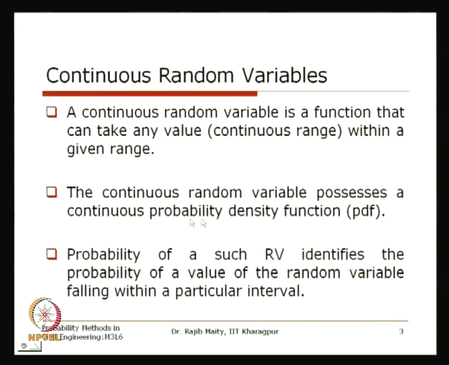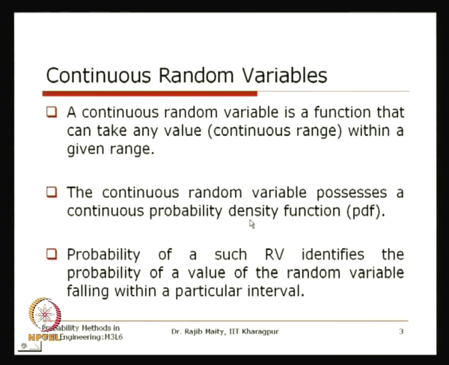Over the possible range of this random variable this function is continuous, and obviously some properties should be satisfied by this function to be a valid PDF.